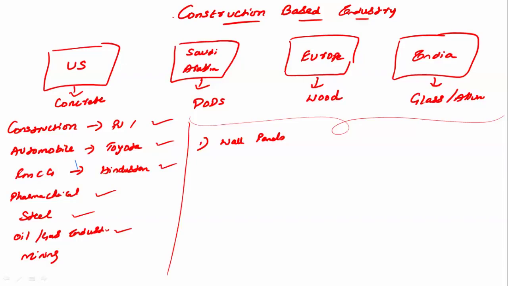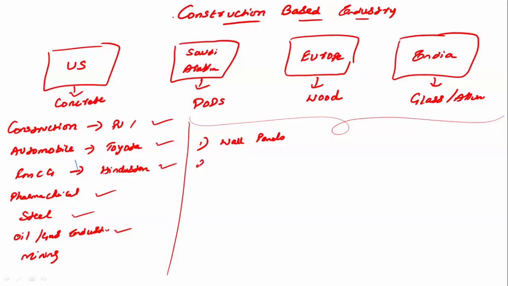But in this construction-based industry, wall panels are not built on site. These wall panels are built at the factory. They have machines that manufacture wall panels. Nowadays, when you are building a wall, they bring the wall panels and attach them and go. They don't build the walls at the site nowadays.